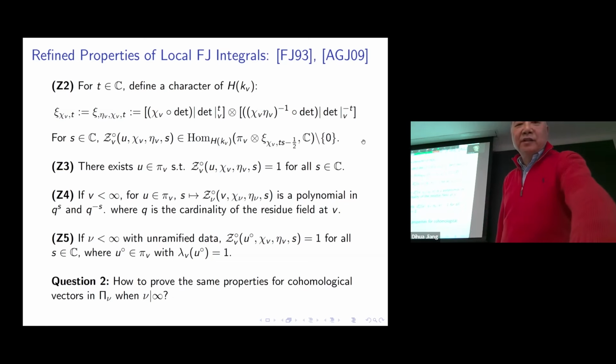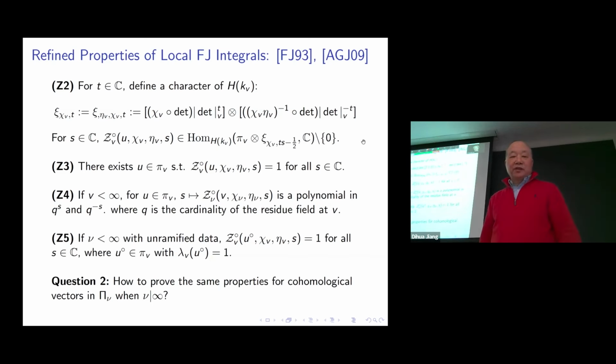This is the so-called test vector. And for non-Archimedean, this will be of polynomial type. In particular, for unramified data, this will be automatically 1, so that you can take an Euler product, because it is almost everywhere 1, to get a global thing.